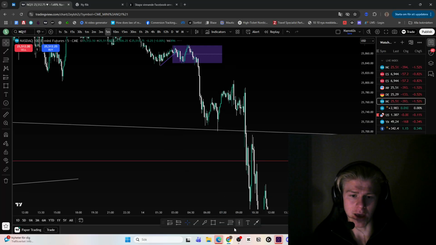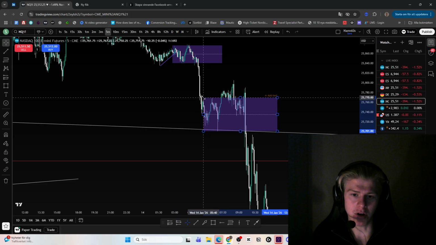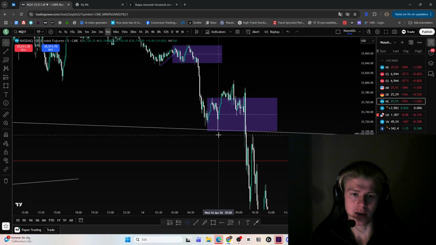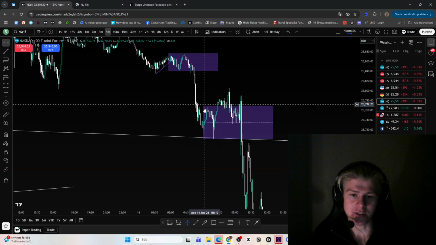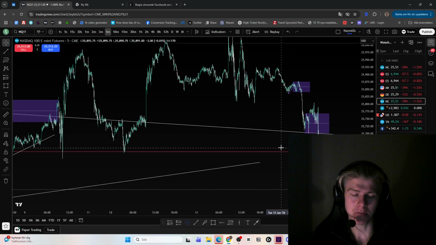So what we have right here is a bullish bank block. Okay, now there is no reason for us to sweep this low unless we want to continue further bearishly.